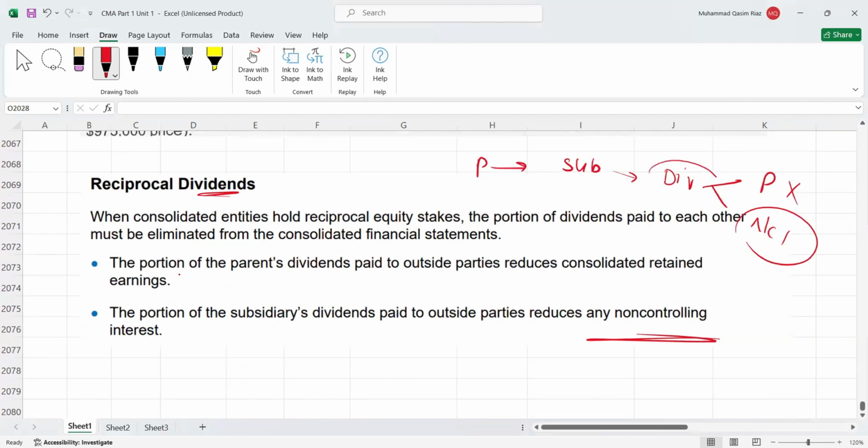Parent share will be eliminated because it's intra-company, and dividend to NCI will be deducted from NCI. But whatever dividend is paid by parent to the third parties, that amount of dividend is deducted from consolidated retained earnings. This is what is reciprocal dividend. I hope it is clear, guys. If you have any question, you can ask me.